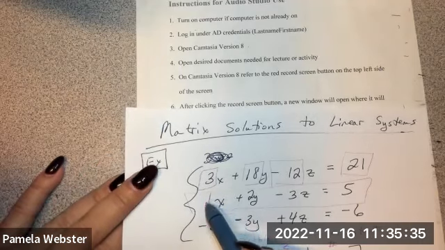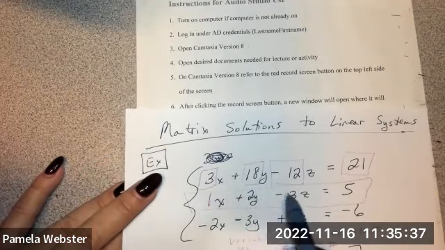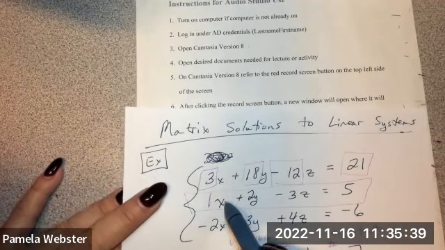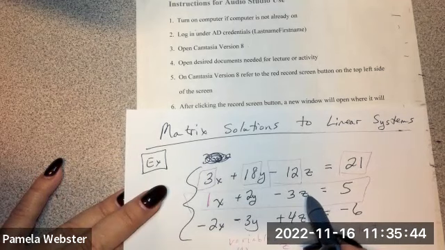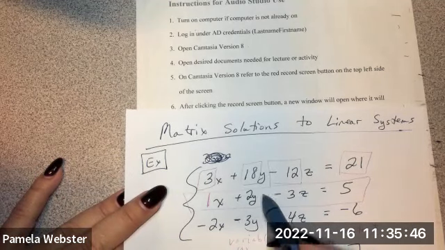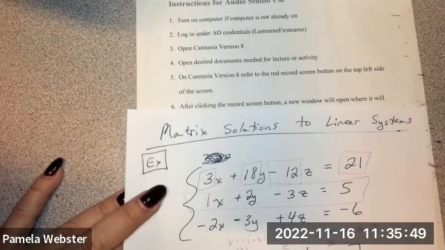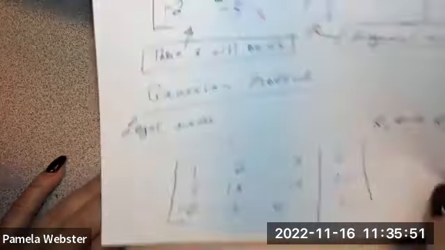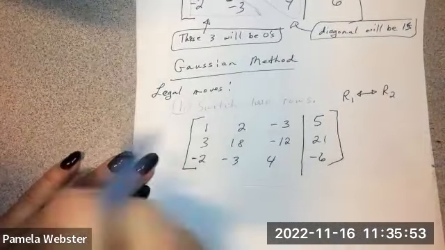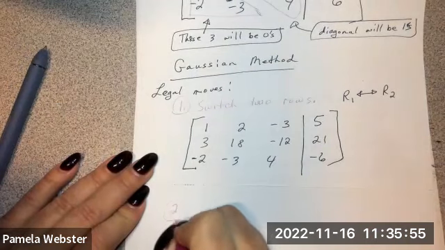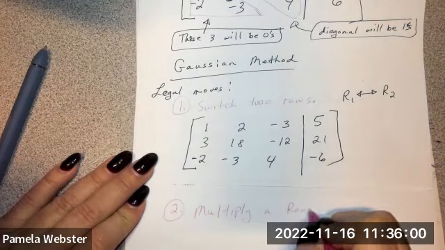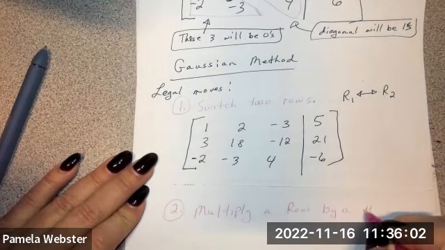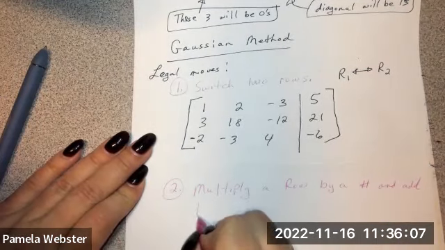So the process would be figure out what I can do to get a 0, or figure out what I can do to get a 1 in one of those positions, and then multiply and add. So legal move number 2: multiply a row by a number and add it to a different row.